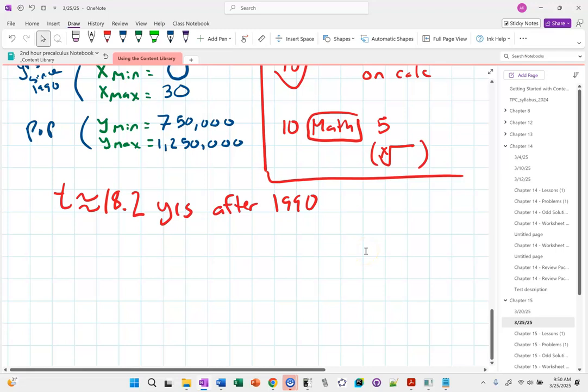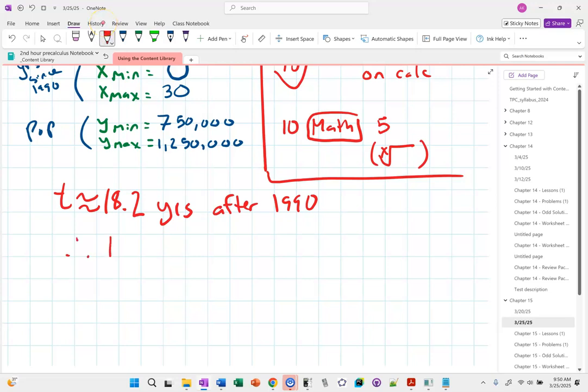Not exactly, right? What should I say? We would say in the year, what? 2008, right?